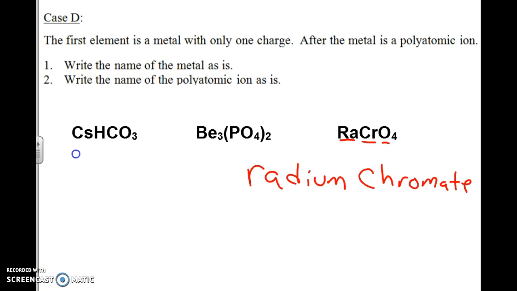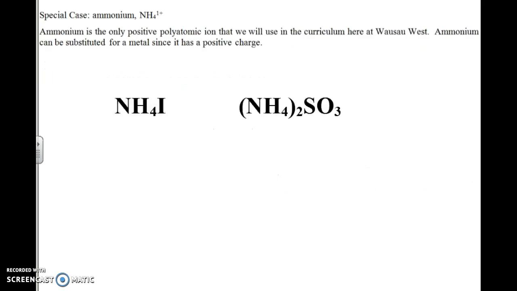With those, we have one more slide that we have to get to. On this one more slide, we have some special cases because we have one polyatomic ion that's got a positive charge, and that's at the very top of the back side of the polyatomic list. And that's called ammonium.